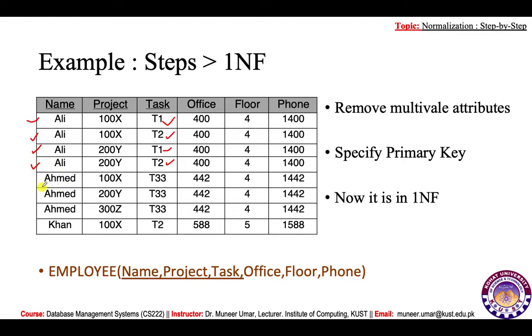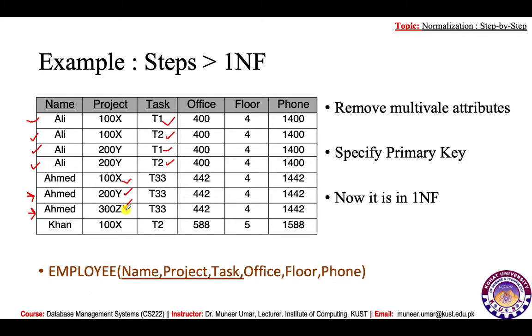So we created 2 additional rows to accommodate these values, separated in new rows. Now this table contains atomic values under each column, and we can say that this table can be considered as in first normal form.